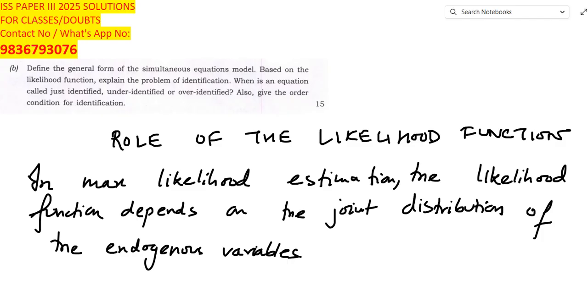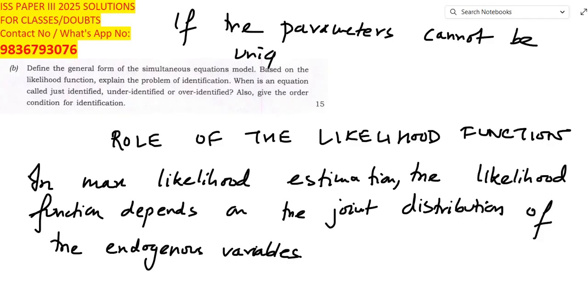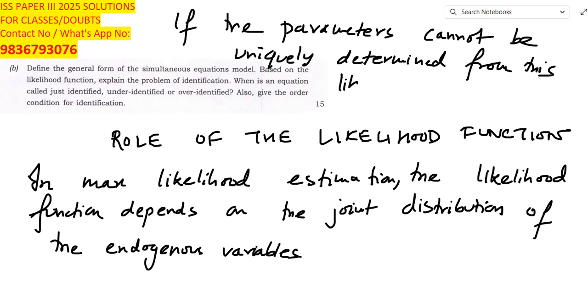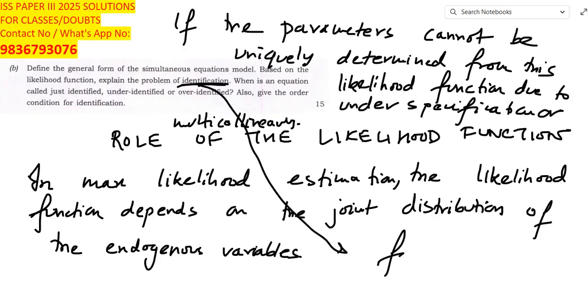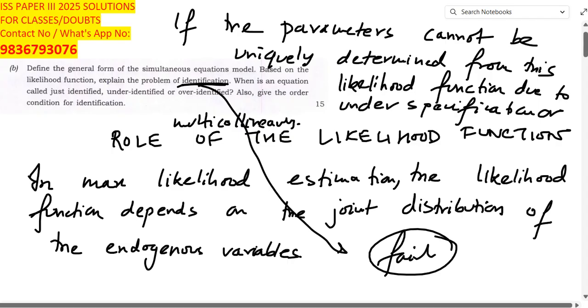Okay. And if the parameters cannot be uniquely determined from this likelihood function due to under specification or multicollinearity, then identification fails.